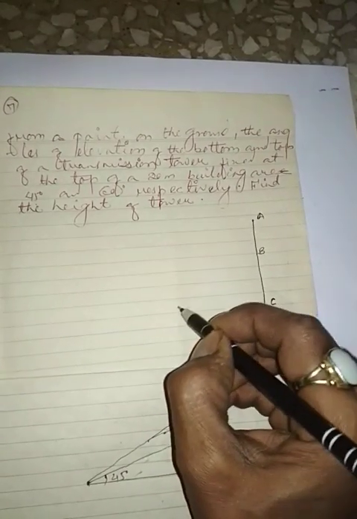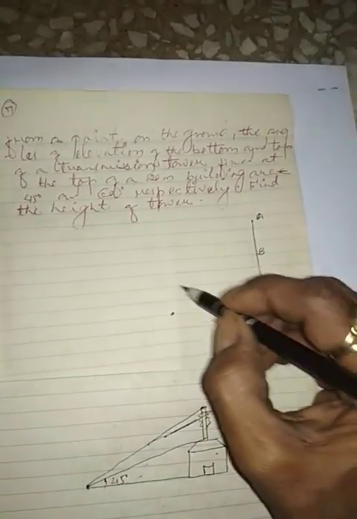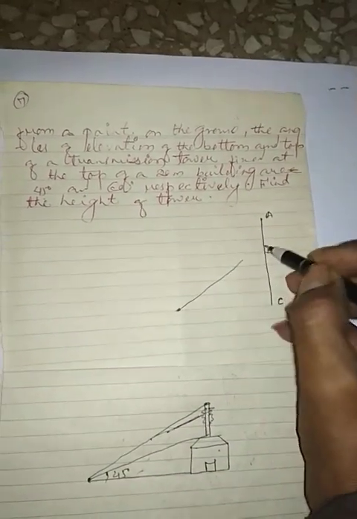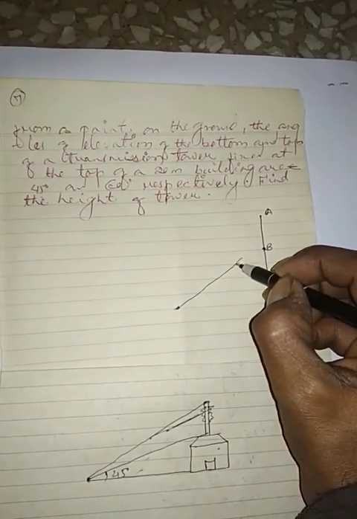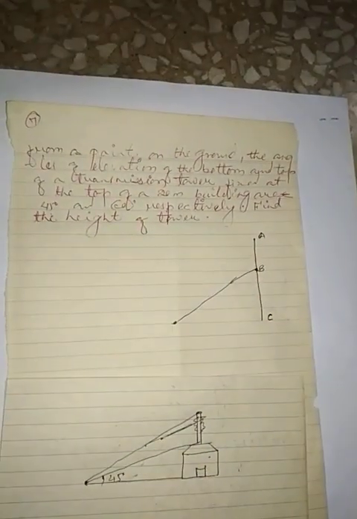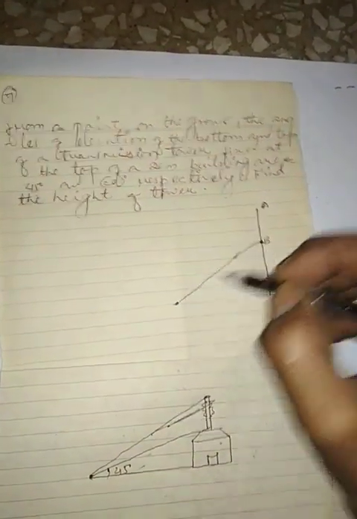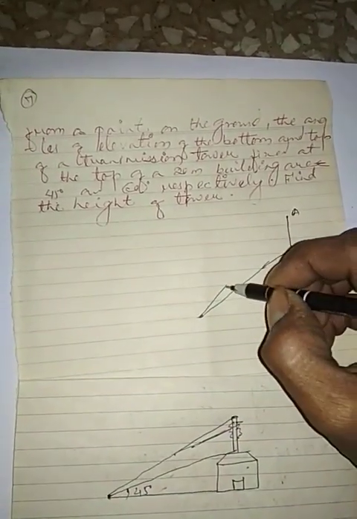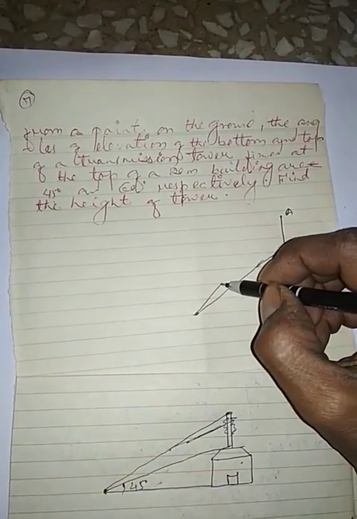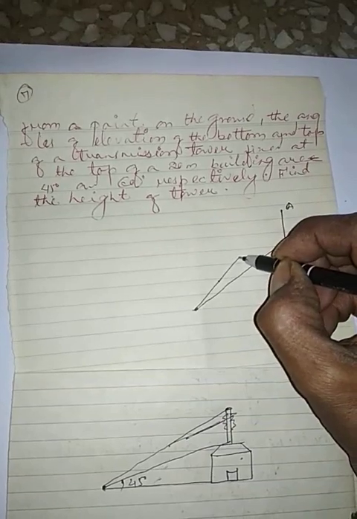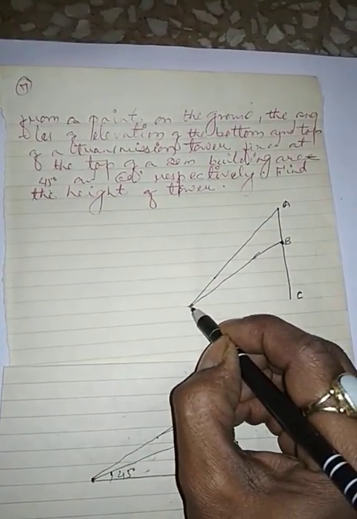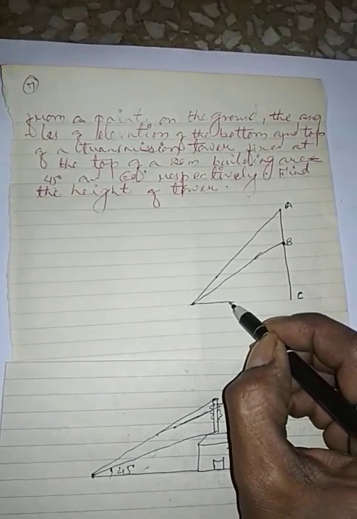With this point I'm going to frame an angle of elevation from this point to B, and accordingly angle of elevation from this point to A. So at the top of the tower, according to the figure we have already framed. After understanding the figure, I am going to join this to this point.